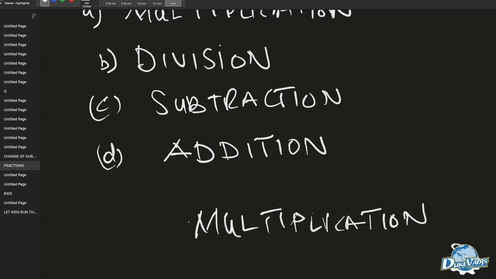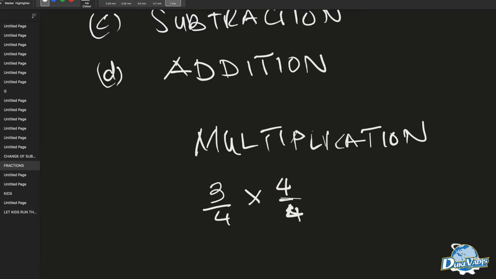Okay, so if we have a number, say 3 over 4 multiplying 4 over 4, when we look at it, we'll see that if we multiply 3 by 4, we'll get 12. And when we multiply 4 by 4, we get 16.